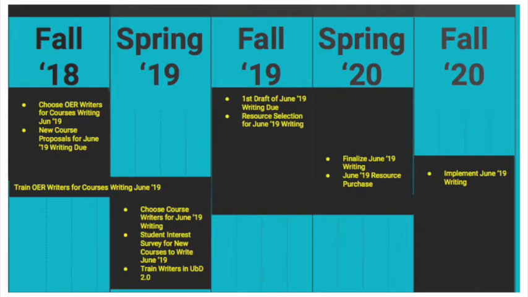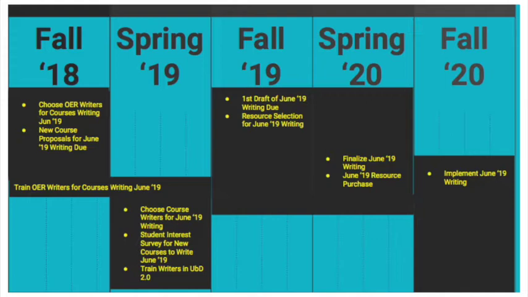What you see now in front of you are the steps from research through to implementation that courses that will begin writing this June of 2019 will undergo. It begins with, for those select courses that are going to utilize open educational resources, having that training over the course of the year, as well as any new course proposals that we would write in June being submitted to your curriculum leader.